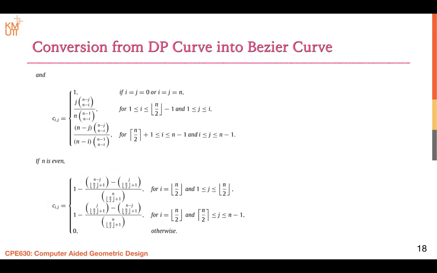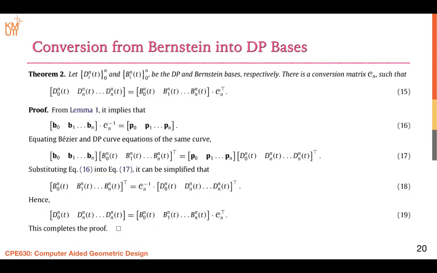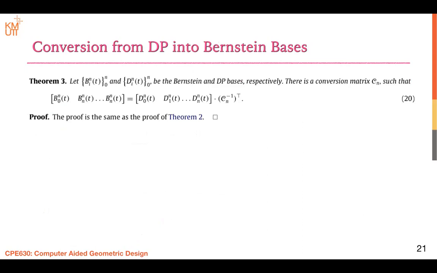Very simple. So if you want to find the conversion from DP curve into Bezier curve, I suggest you use this matrix. Find this matrix and then calculate the inverse matrix. Inverse matrix here. Okay, this is the conversion from DP into Bernstein basis or Bezier basis.